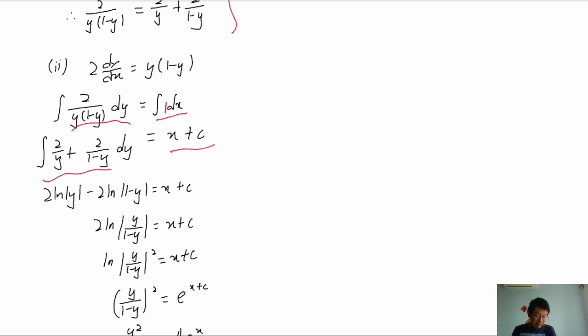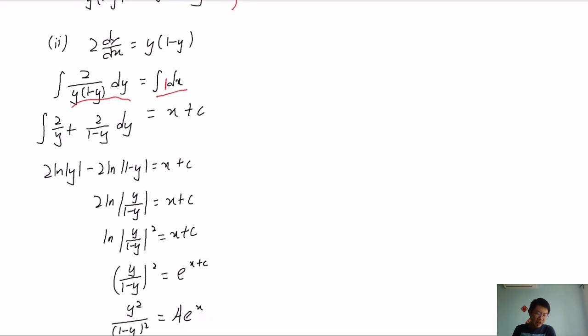For the left hand side, we have 2 over y. So 2 over y, we get 2 ln y after we integrate. There is one thing that is very easy to make a mistake on: we are trying to integrate 1 over (1 minus y), with 1 minus y in the denominator.